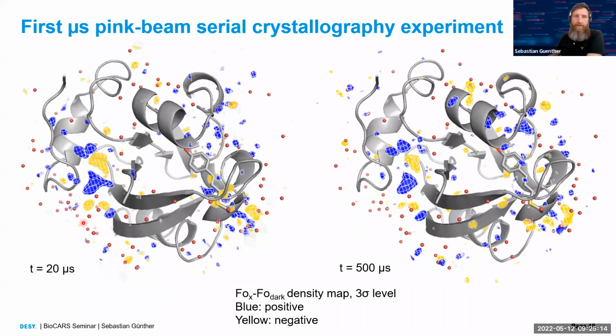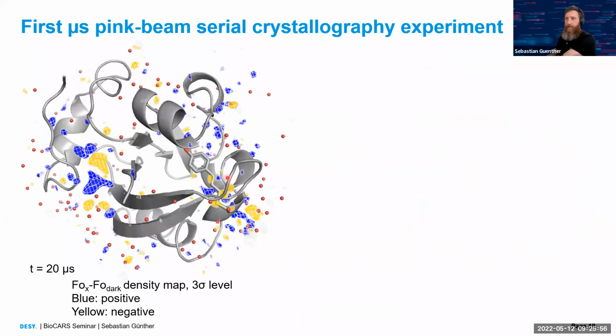All right, so this is a view of the difference maps, which we got for 20 and 500 microseconds. Blue is the positive peaks at 3 sigma level, and yellow is negative difference density peaks. You see here the chromophore, and you see prominent features in this region, but also in the adjacent region. This region is part of a symmetry-related molecule, which is right underneath the chromophore.